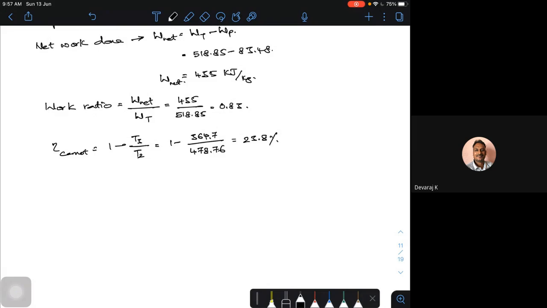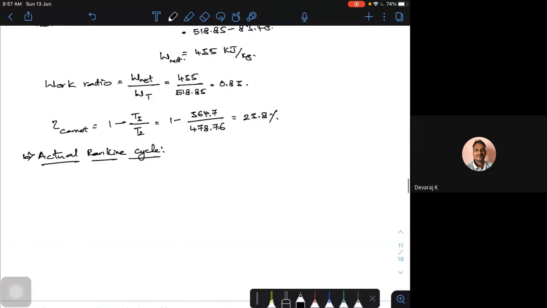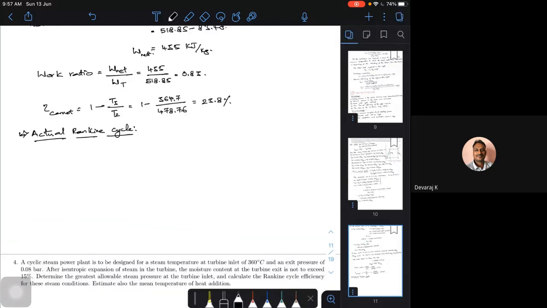Now the second case, that is the actual Rankine cycle. What we considered earlier was the Carnot cycle. Now if I go for the actual Rankine cycle, it looks something like this.